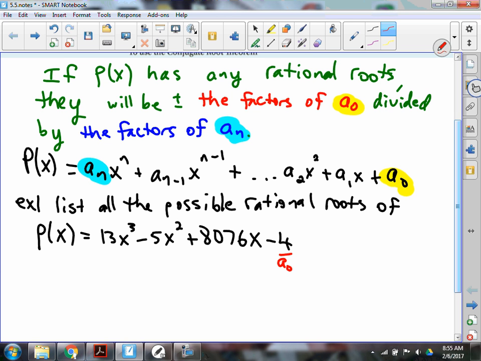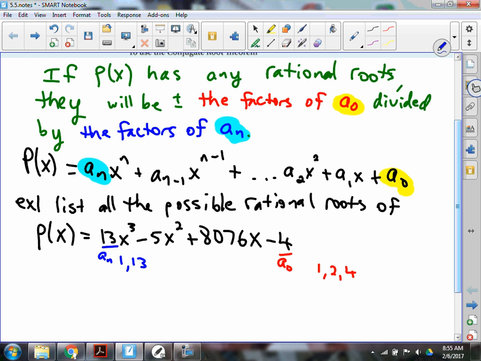So what are all the factors of 4? 1, 2, and 4, right? Now we also have to look at our a sub n, and what's our a sub n in this example? 13, just the 13. So what are the factors of a sub n? 1 and 13.